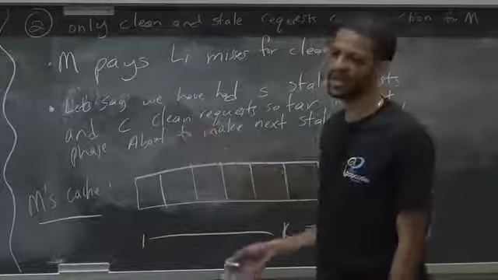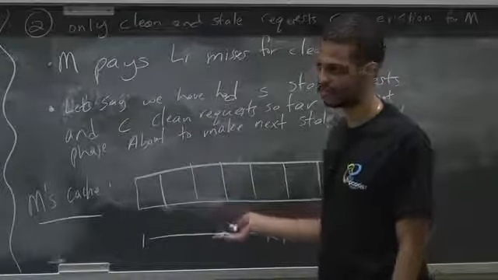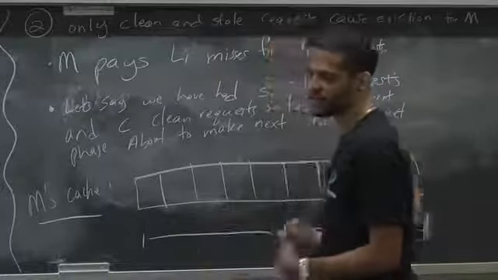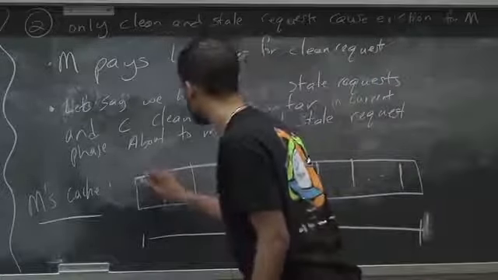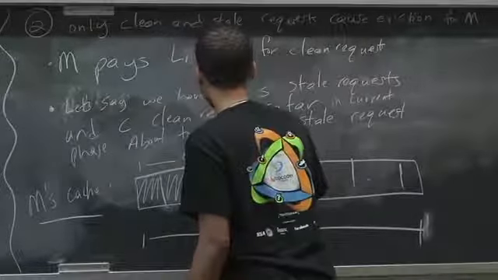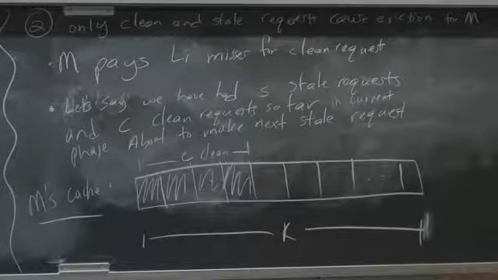So how many of those clean pages are in the cache? All of them, right? So nothing that's been requested in this phase is kicked out. So C clean ones are taking up spots in the cache. Also, the same thing is true for the S stale requests that have happened already. Those S pages are also in the cache now.